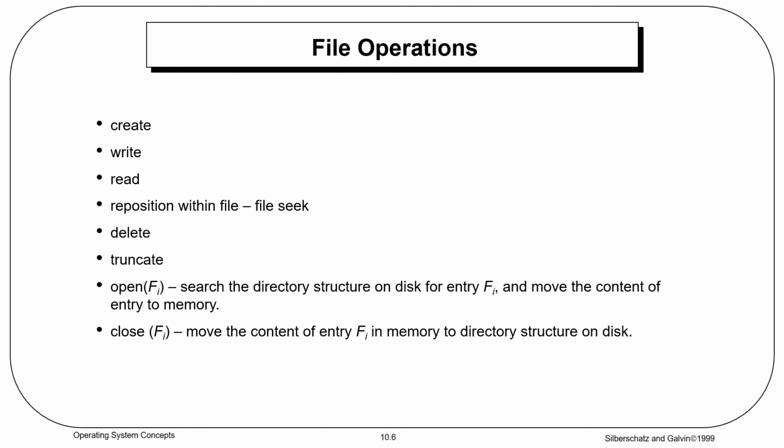Whatever value we give, it is repositioned as per that value. Repositioning within a file need not involve any actual input-output operations. It's purely within the file. This file operation is also known as a file seek, S-E-E-K, seek.